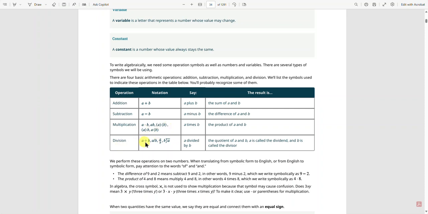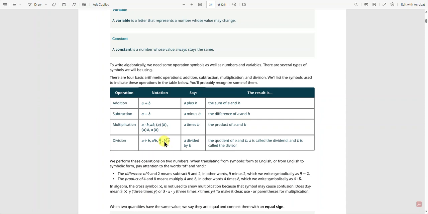Division, we can use the regular arithmetic division symbol here, A divided by B. We can also use a slash here, A divided by B. We can also represent division as a fraction, A divided by B. And we can also use this symbol here where we write A inside the bracket divided by B. So A here is what's called the dividend, the number to be divided.